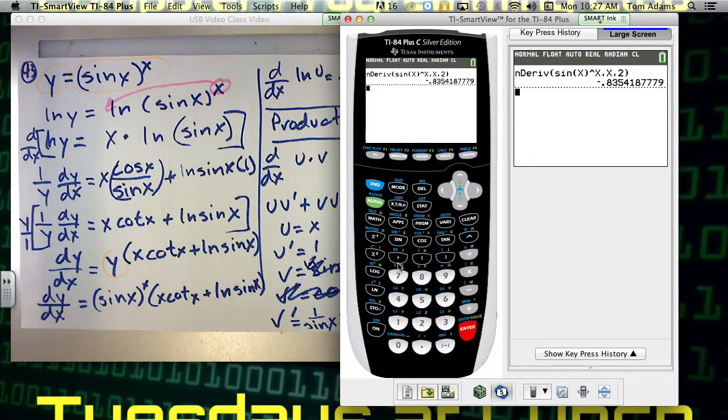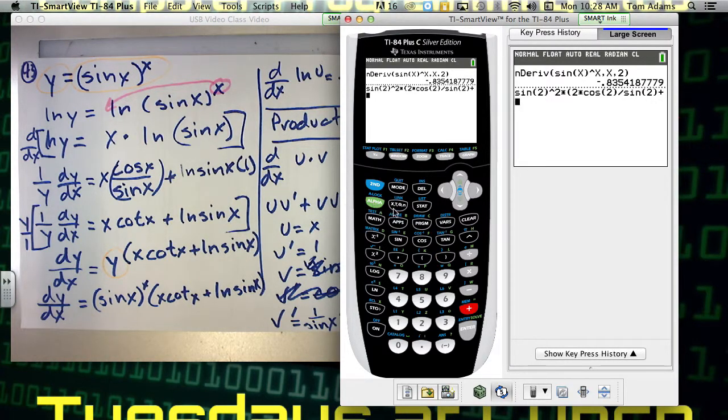Now, what we said is that if I took sine of 2 and raised it to the 2, so I'm going to take this equation here, and wherever there's an x, I'm going to plug in a 2, and I'm going to multiply that by 2 times, now we don't have a cotangent function, but I can say cosine of 2 divided by sine of 2, because that's what cotangent is, right?